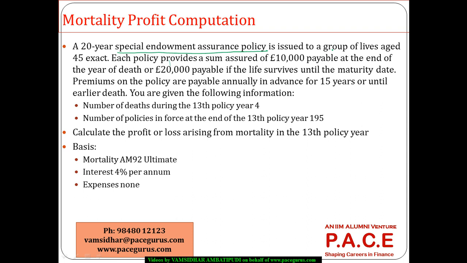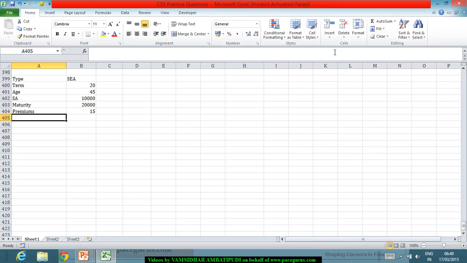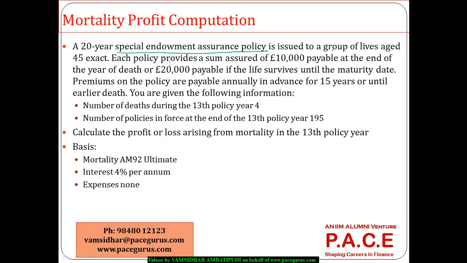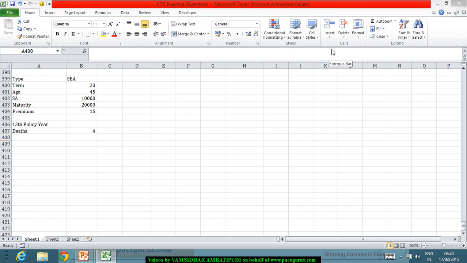You are given the following information. Number of deaths during the 13th policy year, actual deaths being 4, and number of policies in force at the end of the 13th policy year is 195.